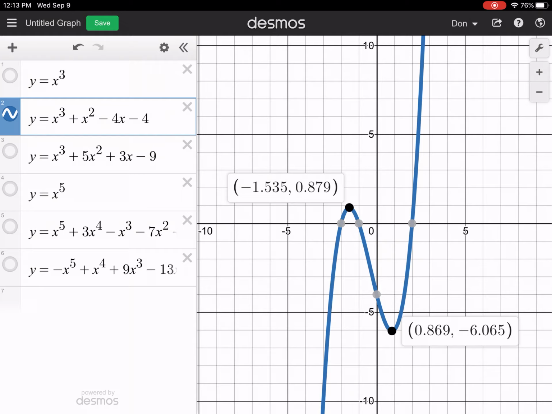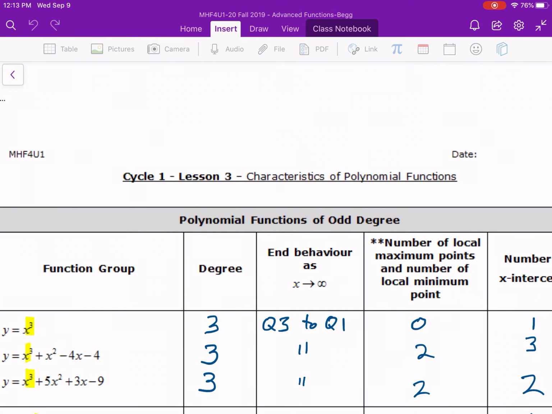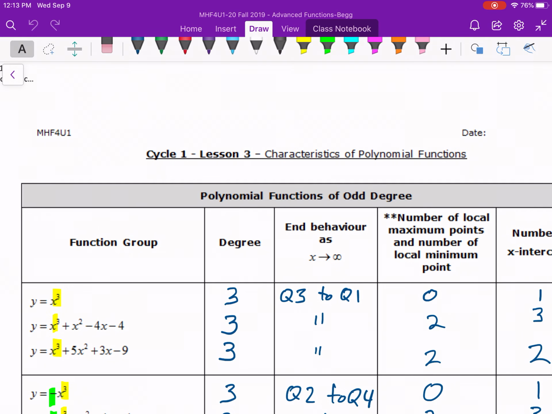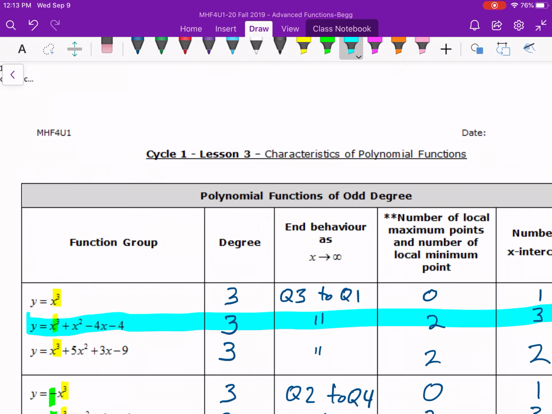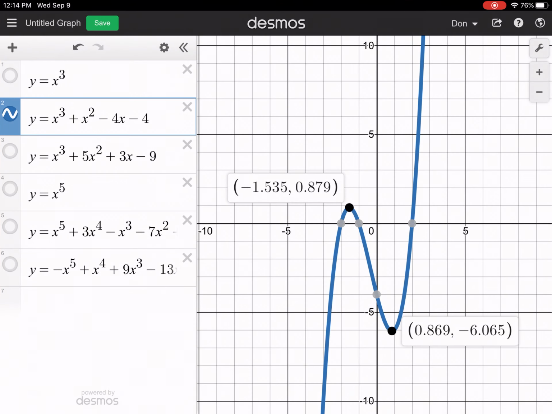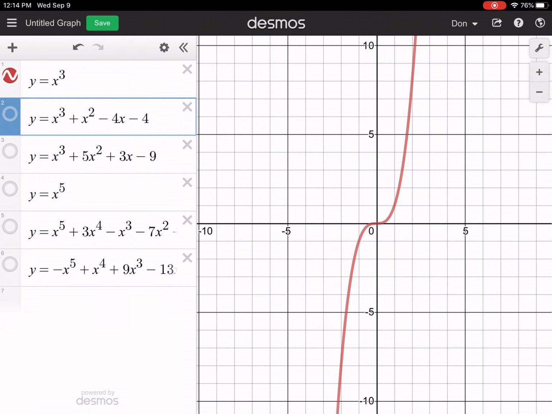So that's what this next column is looking for. It's got that blue one that we had, this equation here. That graph was in blue. It's got 2 turning points, as I just pointed out. If we go back and look at the other 2 and count up the turning points, well, the red one has no turning points, does it?